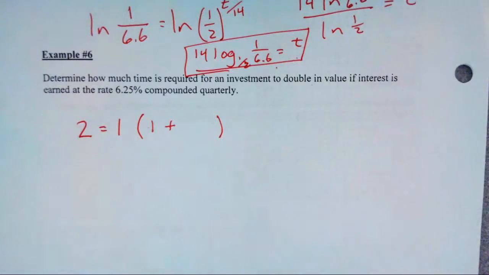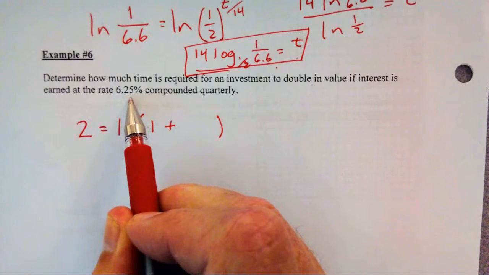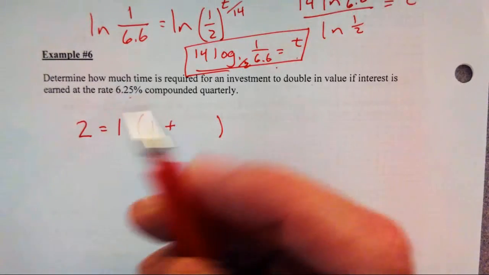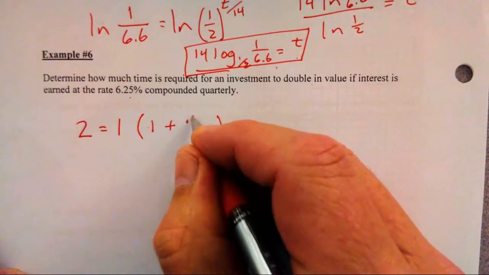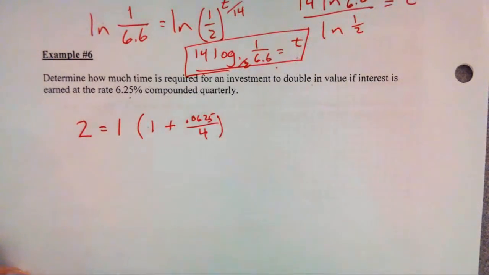And now let's handle the interest that I get each compounding. I don't get 6.25%. I get that for the year. But that's divided over 4 different time periods. So I don't get all of 0.0625. I get 0.0625 in this case divided by 4.